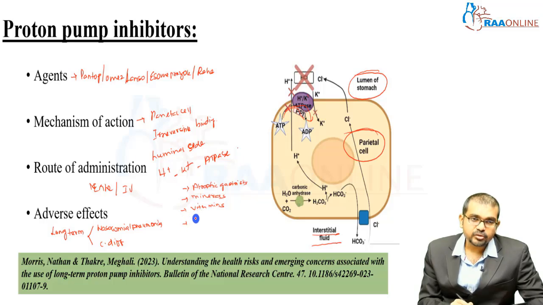There is decreased absorption of calcium, leading to risk of fractures. There is incidence of acute interstitial nephritis which can happen because of proton pump inhibitors. There is malabsorption of iron, leading to iron deficiency anemia. So a lot of malabsorption syndromes can happen because of the long-term administration of proton pump inhibitors.